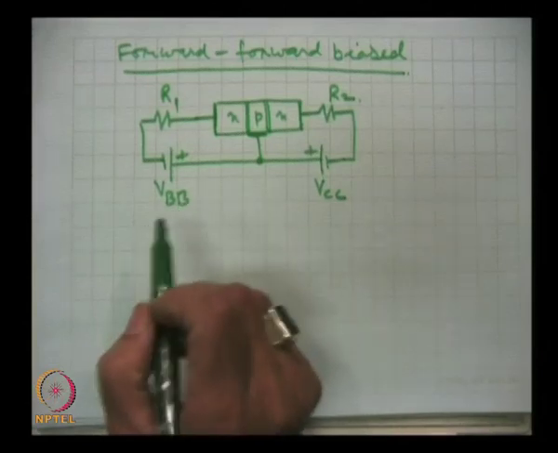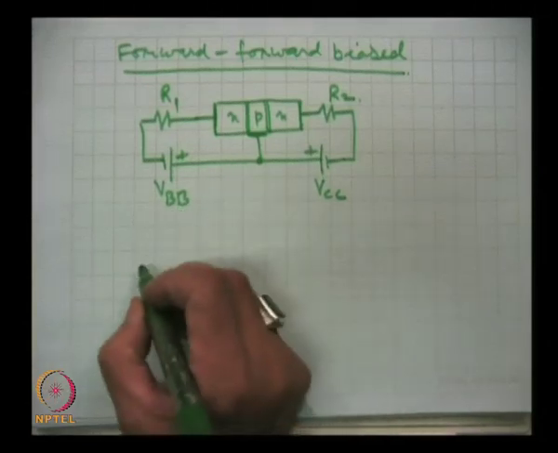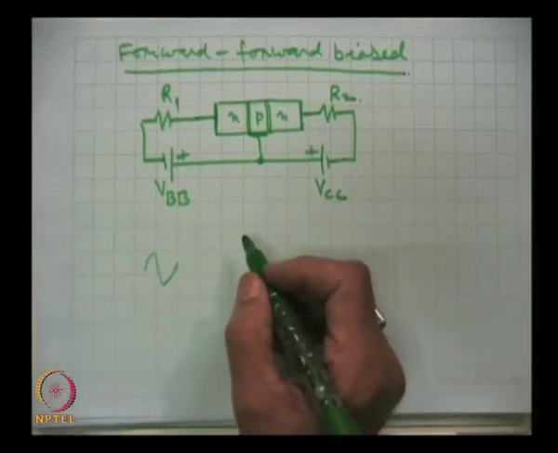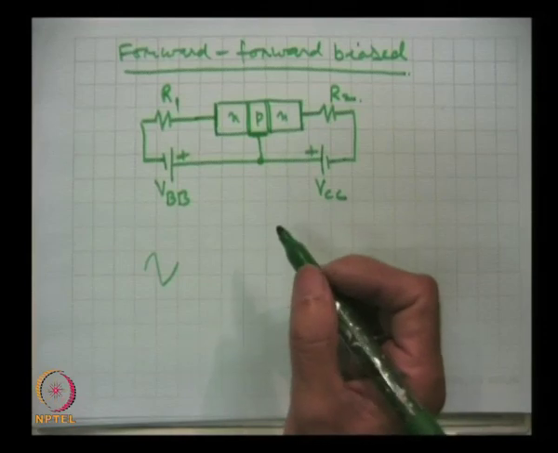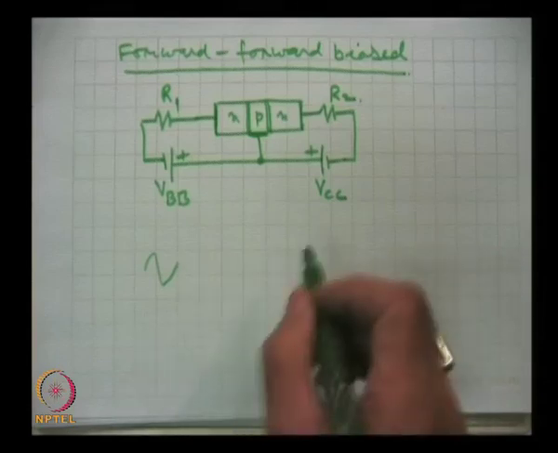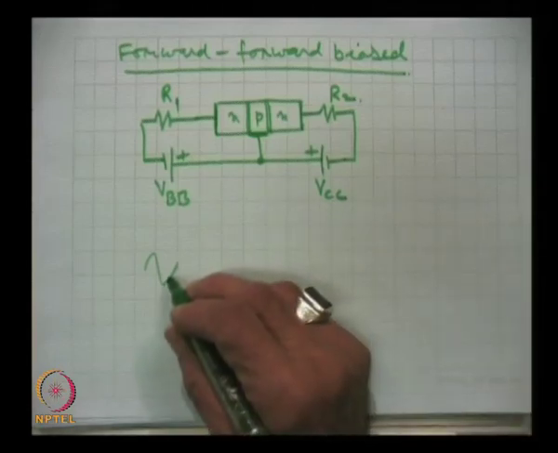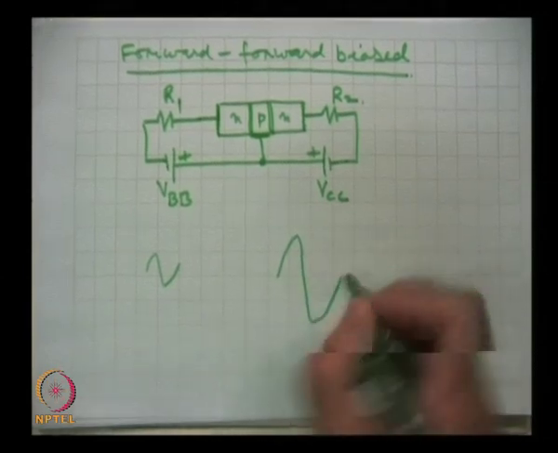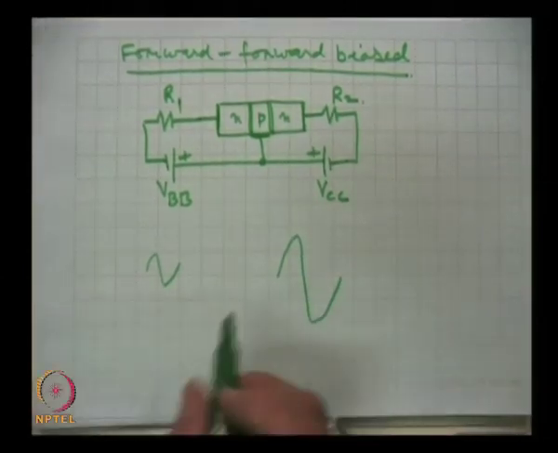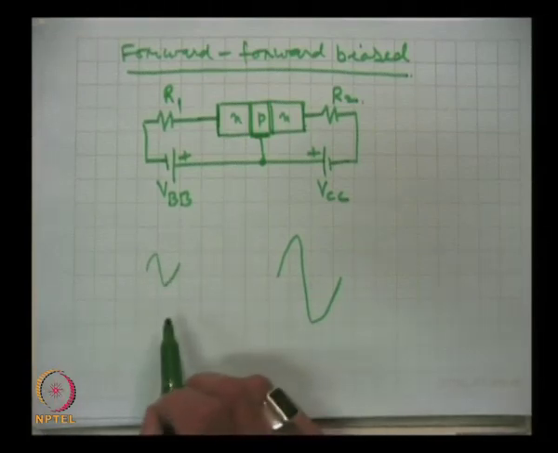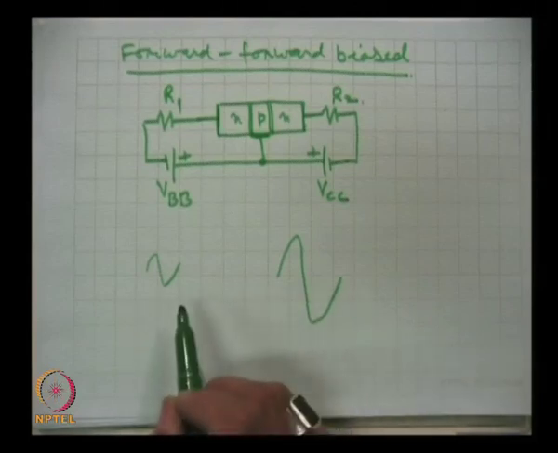Amplification is, for example, if we talk of voltage amplification, then the input signal, normally our signals are AC and we are interested in their amplification. So, at the output it should be amplified, that means the magnitude of this should go up without changing the shape and without changing the frequency. This is the meaning of amplification.